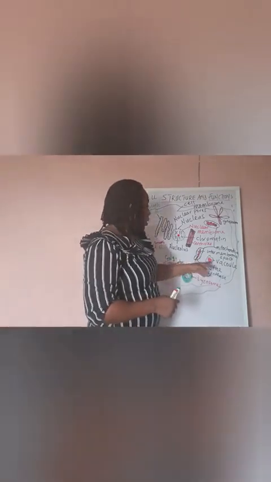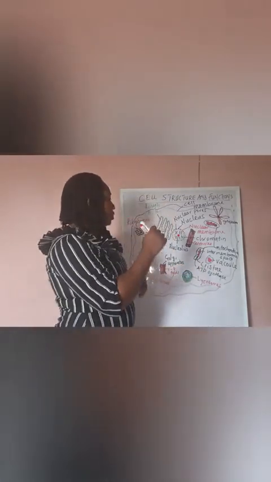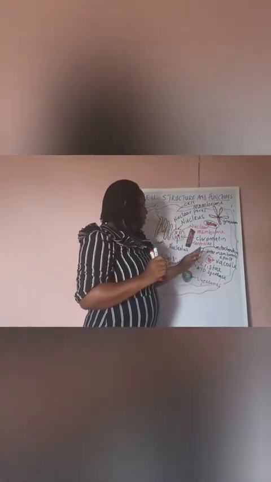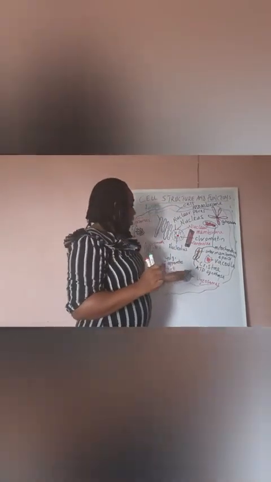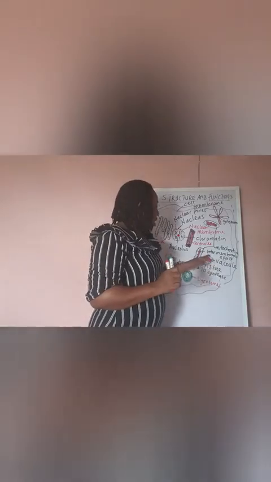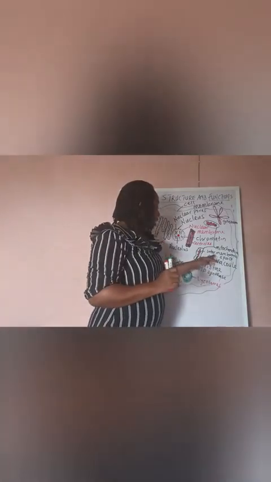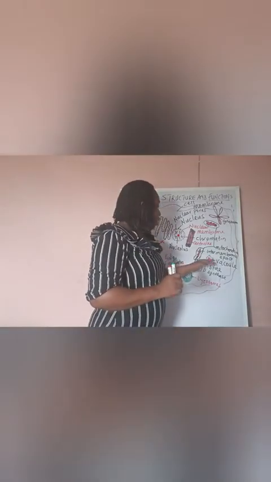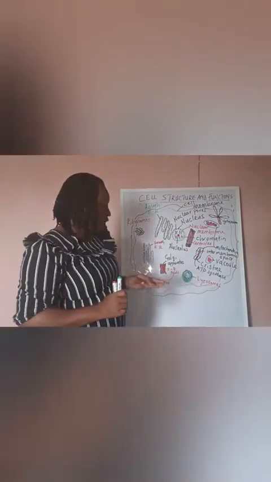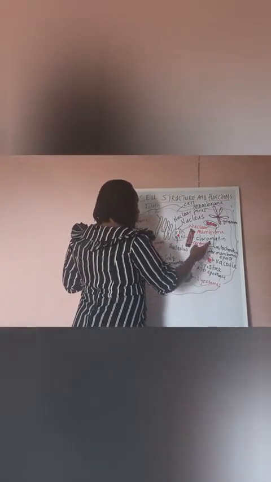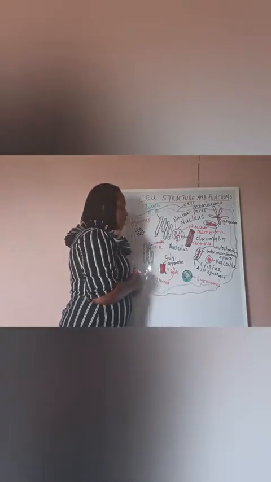So we have this organelle here. We call it vacuole. This vacuole is also here, and they are organelles that store nutrients and water which are needed for the survival of the cell.